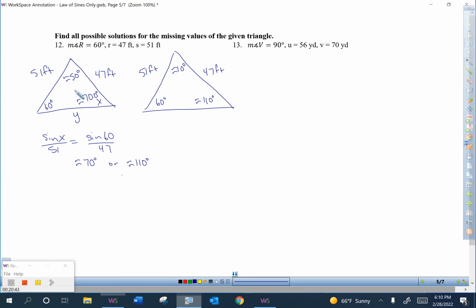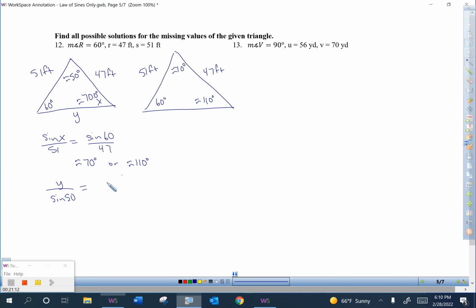So we're going to use law of sines again for solving for this side. We're just going to use it with the sides on top. So y over the sine of 50, and we're going to set that equal to one of the other pairs in the picture. I like to use the pair they started with because that's going to work for both triangle problems for both different y values.